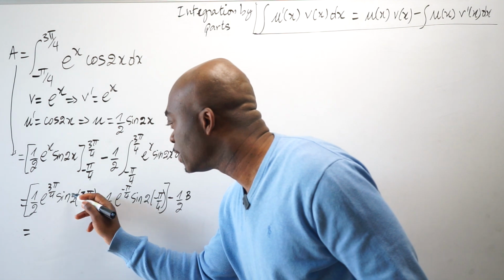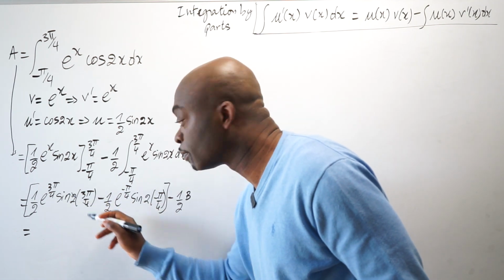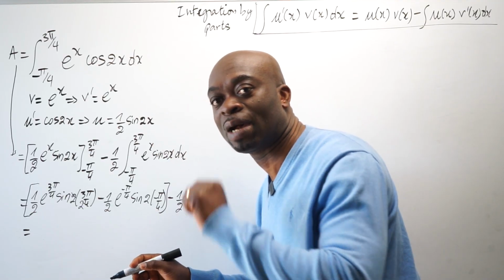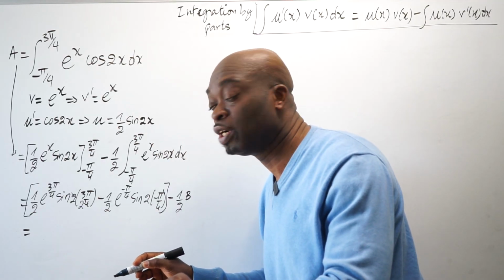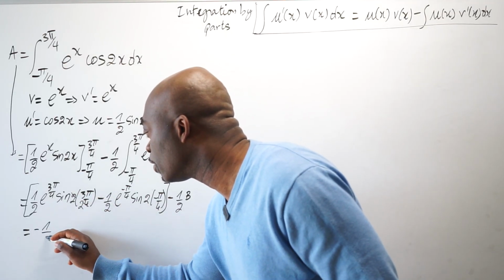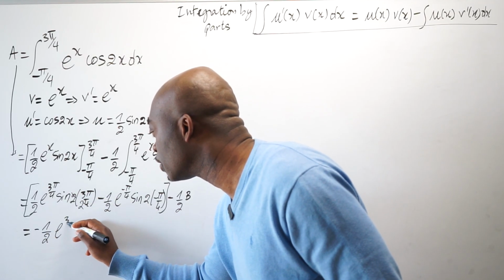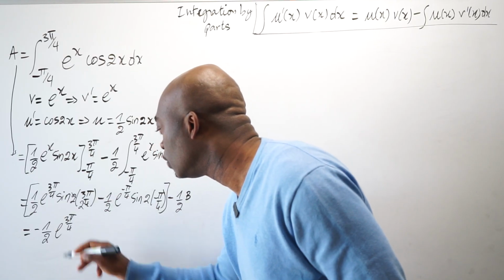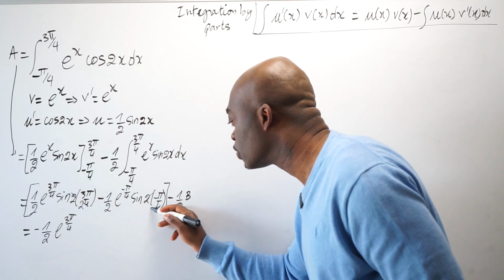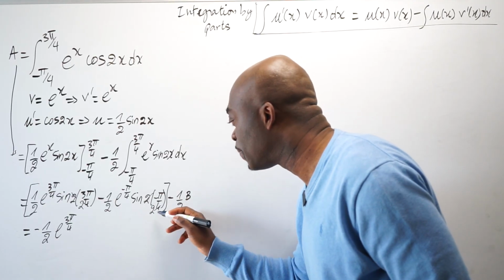Now let's calculate this one here. 2 over 4 gives us 2 at the bottom, so sine of 3 pi over 2. Pi over 2 on top, negative 3 pi over 2 at the bottom. So sine of that is negative 1. This one will give us negative 1 over 2 exponential 3 pi over 4. And for this one here, 2 over 4, so this one also is 2, so it's negative pi over 2.